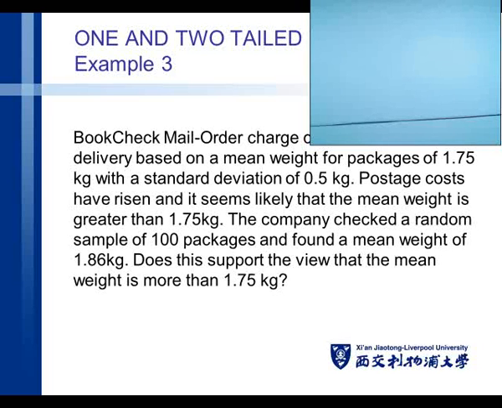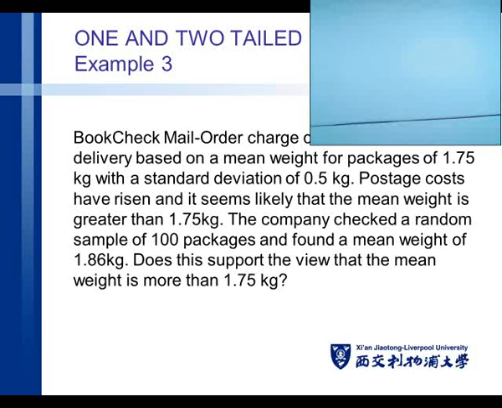So again, it's all because the meaningful statements are the ones in which I reject. What I don't want is packages that weigh more than 1.75. I'm fine if they weigh less, so I'm going to start by assuming that they weigh less.